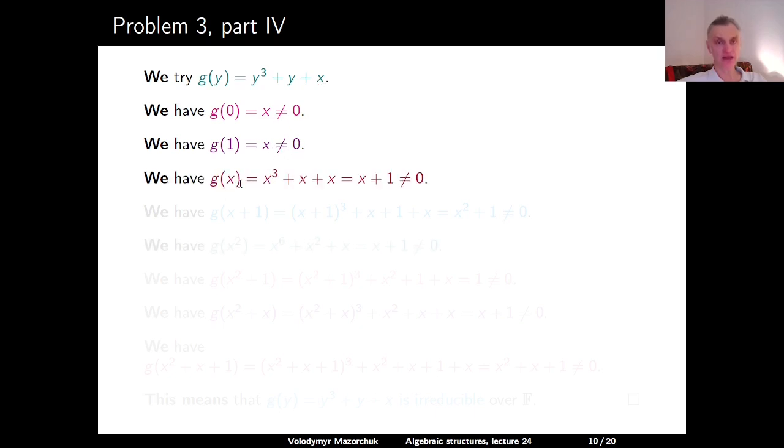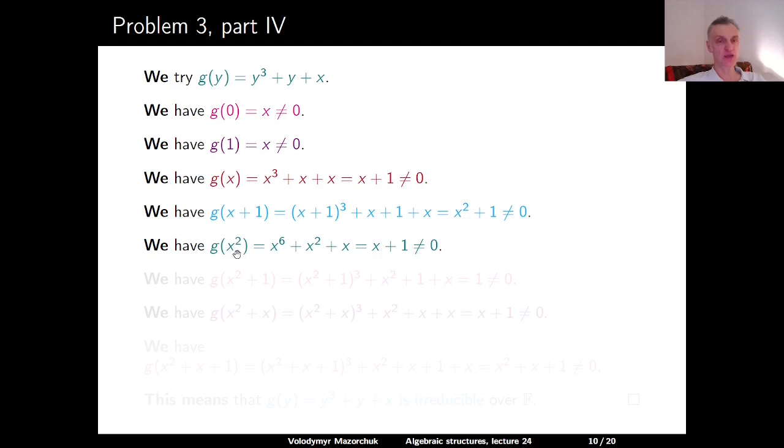If we insert x, we will get x cubed plus x, so x and x vanish and x cubed becomes x plus 1, that's not 0. If we insert x plus 1 instead of y, we get x plus 1 cubed plus x plus 1 plus x, and then we can rewrite this. If one computes, you will get x squared plus 1, which is not 0.